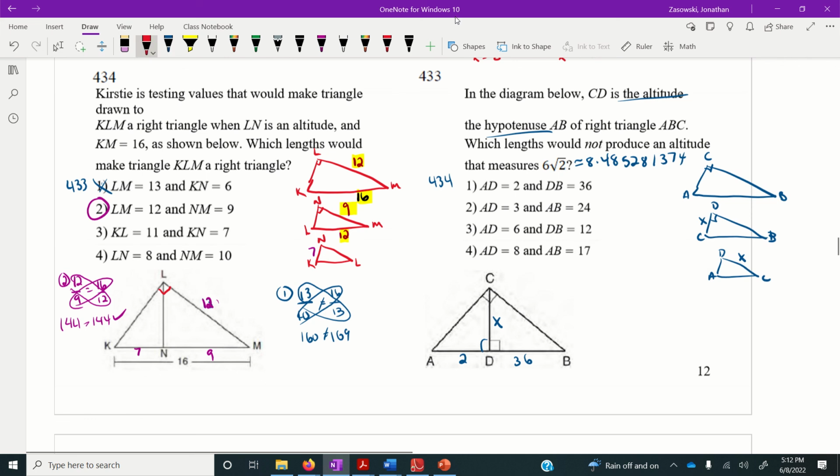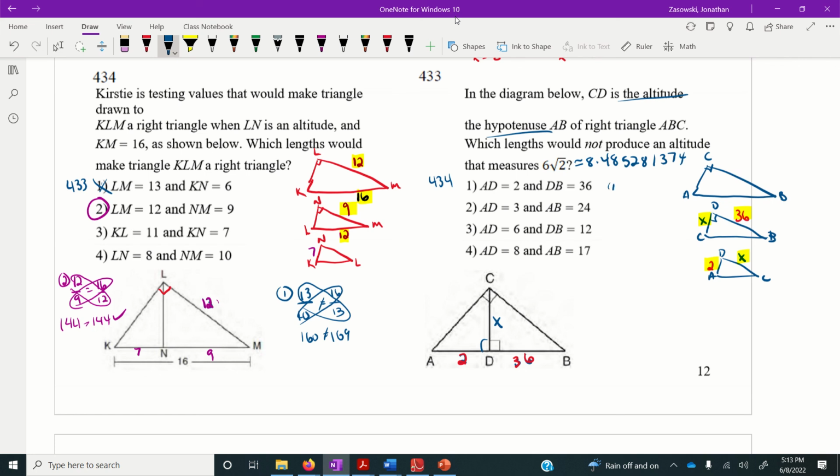So if we call this side 2 and this side 36, that's AD is 2 and DB is 36. So we're just going to take these out, in and out all day. That means I'm going to do X over 2 and then 36 over X. So the numbers you take in and out are just going to get put in that spot, basically.